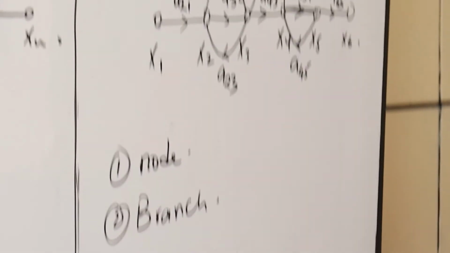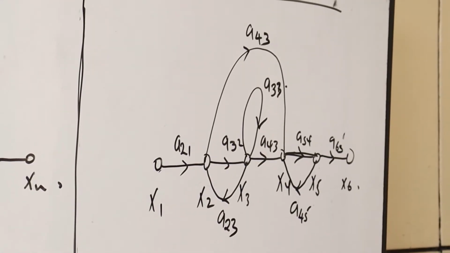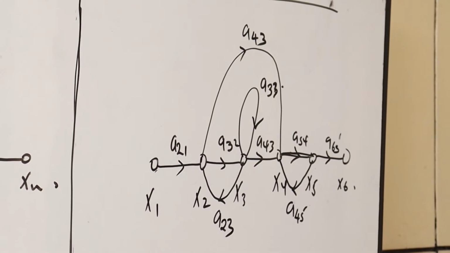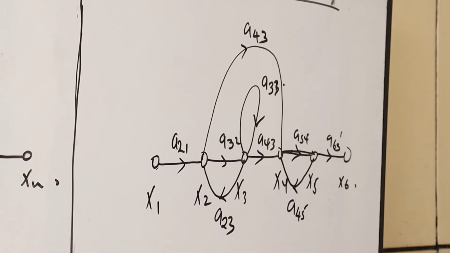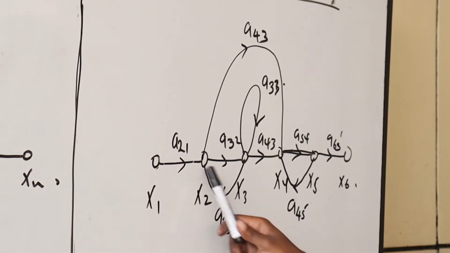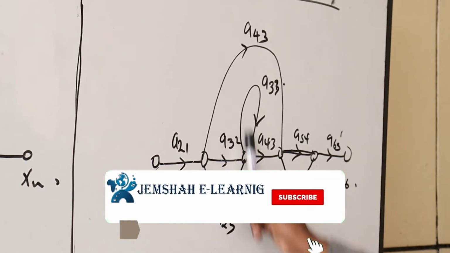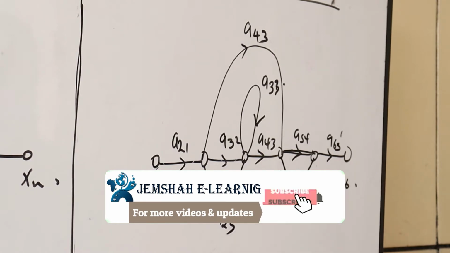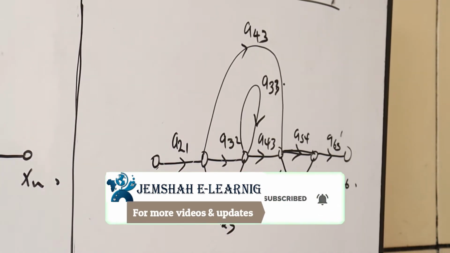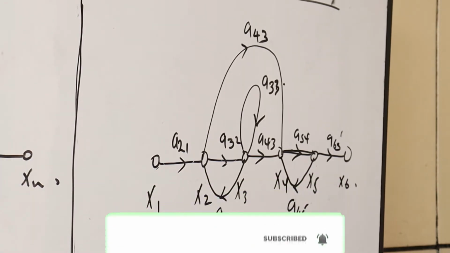For example, the branch between x1 and x2 is multiplied by the transmittance of A21, the branch between x2 and x3 by the transmittance of A32. Therefore, that line that connects two nodes is what we usually refer to as a branch.